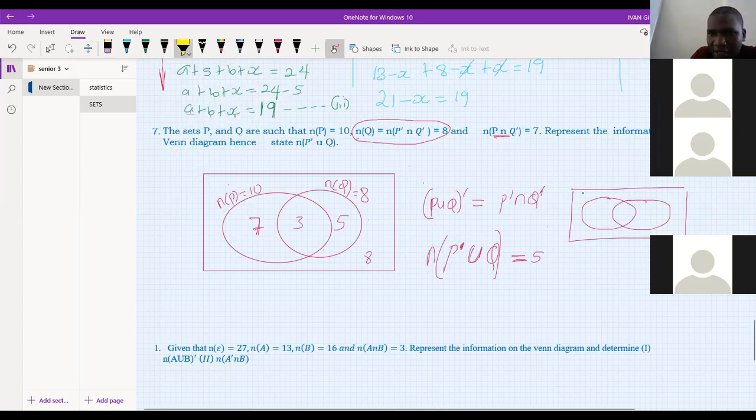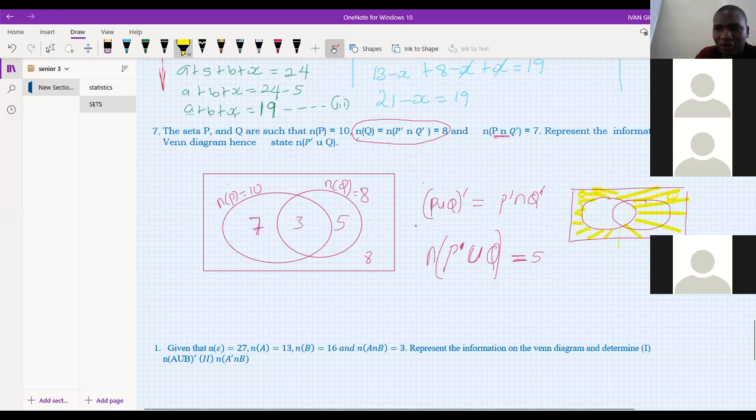Now let's say this is our set P, and this is our set Q. Now let me shade the region P complement. P complement would mean we're shading outside P. Outside P, this is our region P complement.